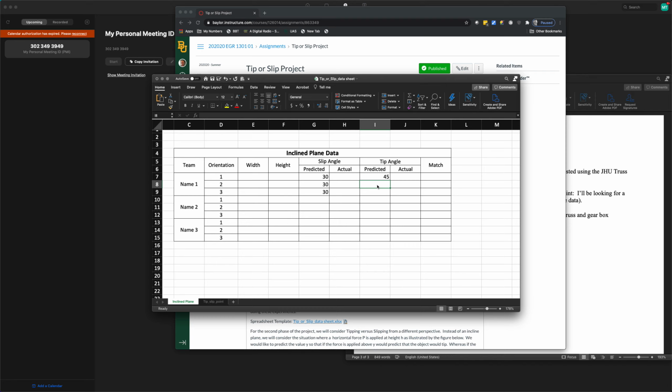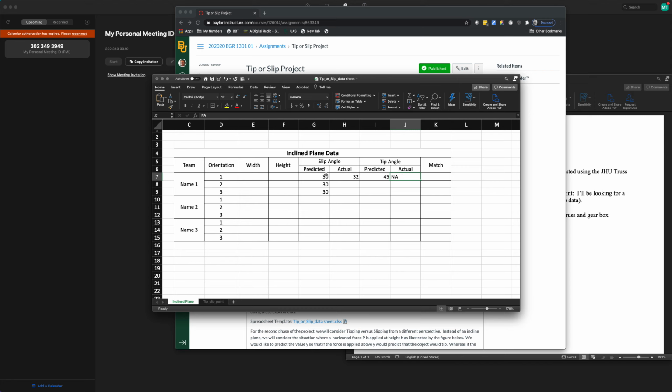Then you do your experiment, all right? Let's do the experiment, and let's say it comes pretty close to the predicted slip angle. It never reached the predicted tip angle because it started slipping before it tipped. So there's no answer, this is not applicable because it didn't actually tip.